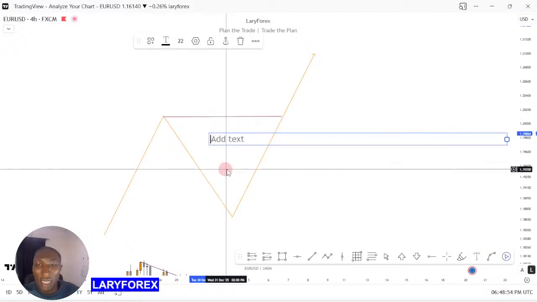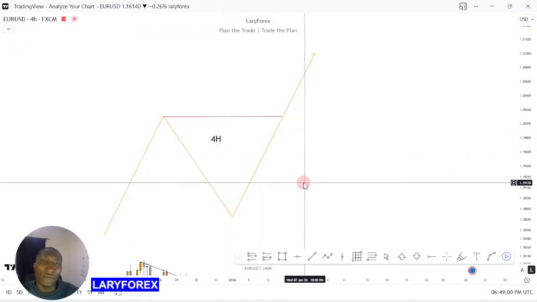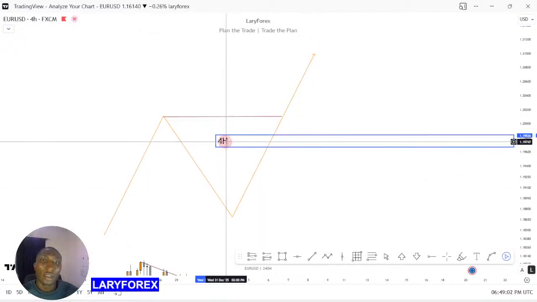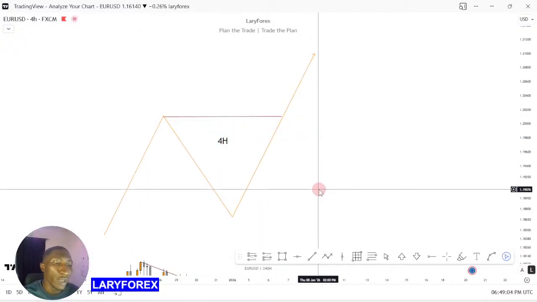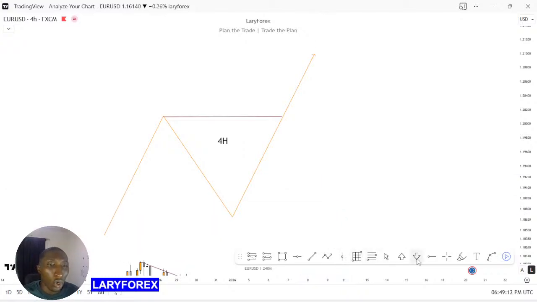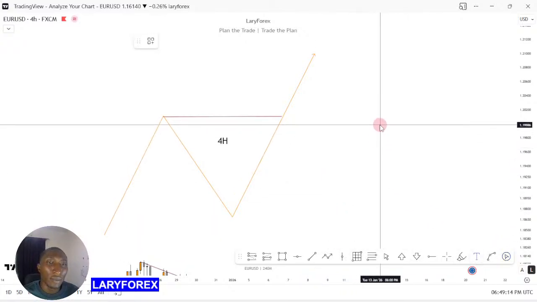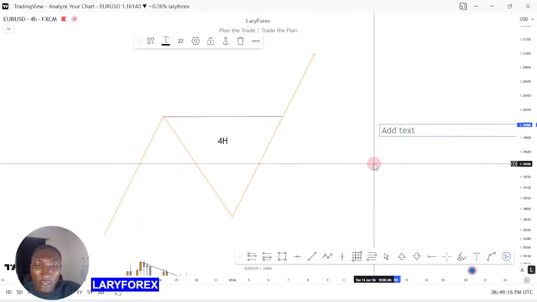So let's say this external structure is the 4 hour time frame. Now, which time frame will be the internal structure? The internal structure can be the 15 minutes time frame, it can be the 5 minutes time frame. Are you getting me? So now the internal structure, let's just use 5 minutes, or let's use 15 minutes.